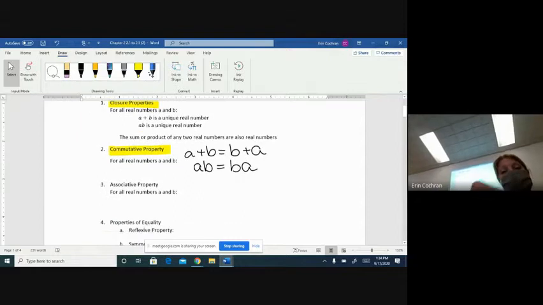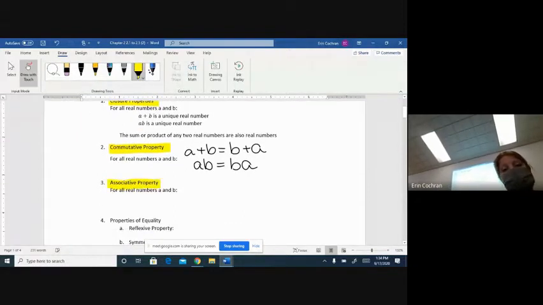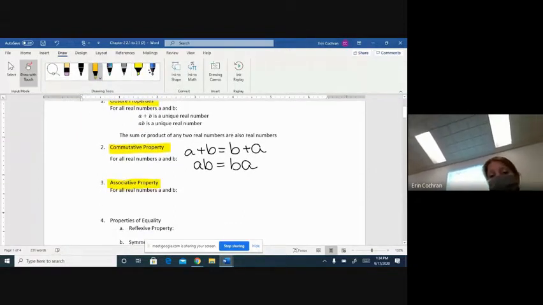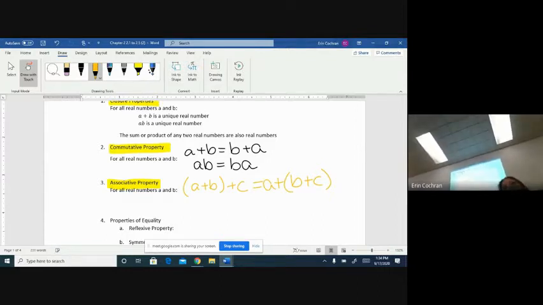The next property is your associative property, okay? The associative property says if I take A plus B, add that first, and then add C, it is going to be the same thing as if I add B plus C first, and then add my A. So it's just taking any three numbers and adding them in any order, and it's still going to be the same, okay?